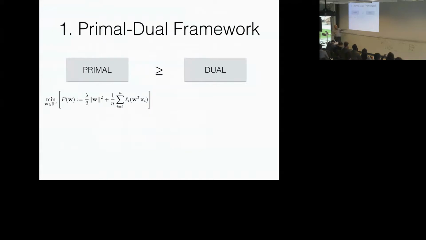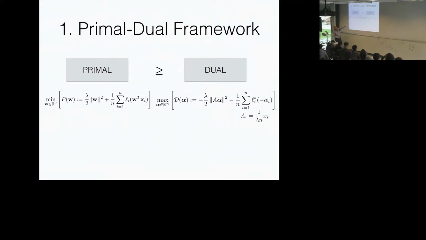So what you do basically is you take that L function, you form its Fenchel conjugate, and you dualize this, and you come up with what should be a somewhat familiar dual problem, where instead of W, which is the primal variable, the weight vector, you get this alpha variable, and A is the matrix whose rows are the X's, and then we get the Fenchel conjugate L star appearing there.